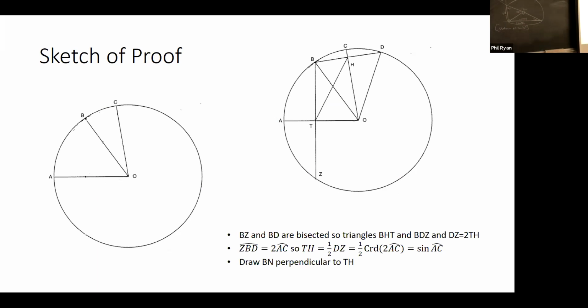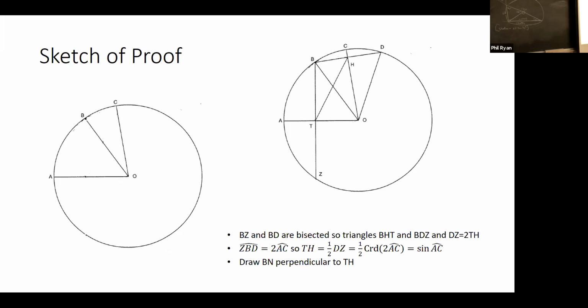So we get Z, D, T, and H. So BZ here is bisected, and these things sort of bisect these chords.